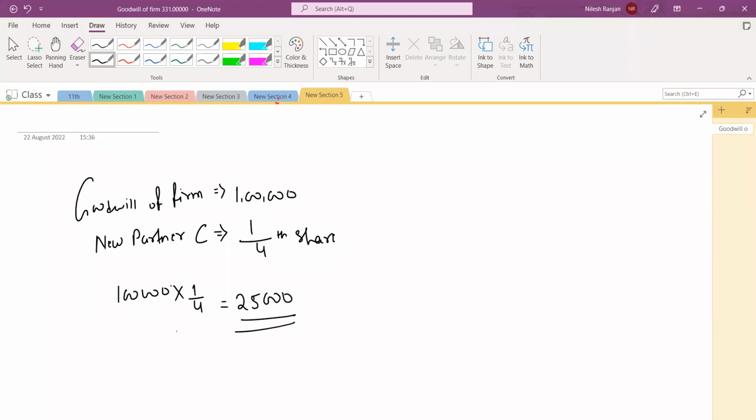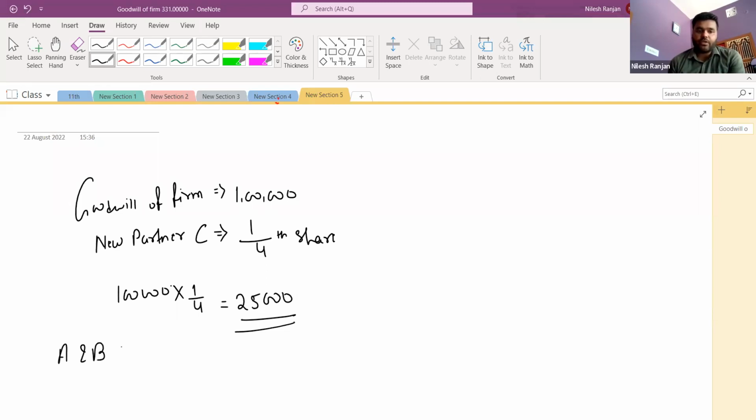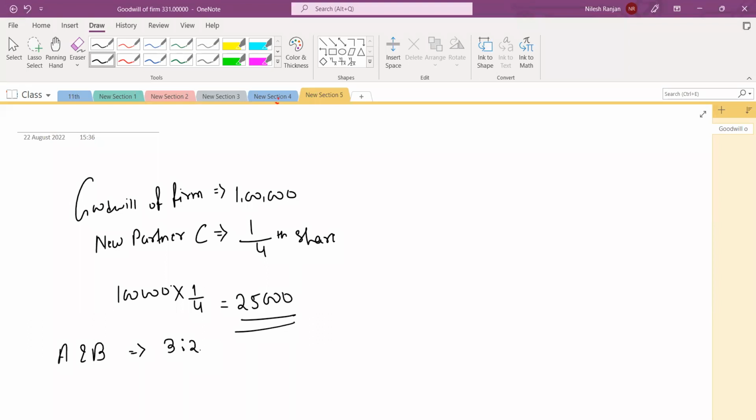Now A and B are old partners. Their profit sharing ratio is 3:2. Now, can you tell me how 25,000 is going to be distributed between A and B?